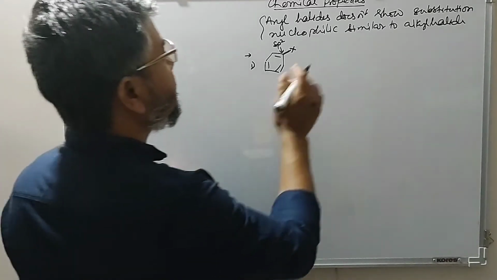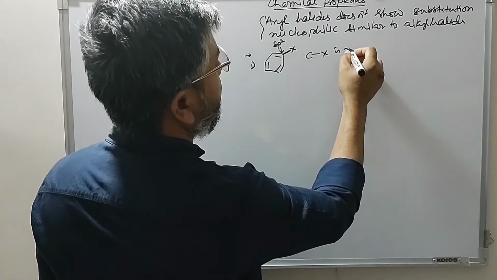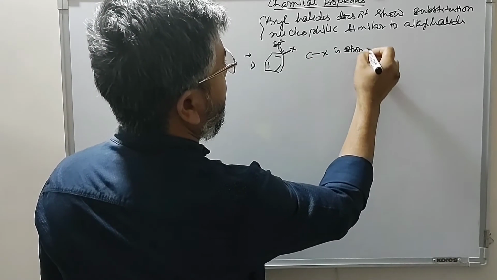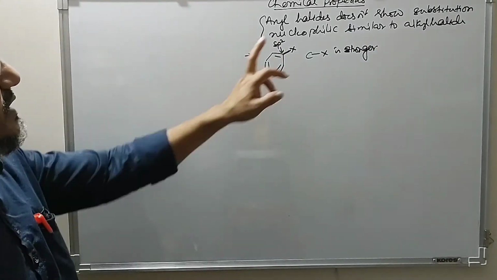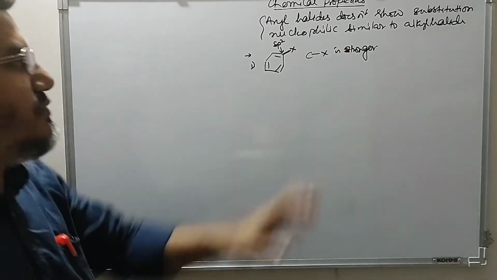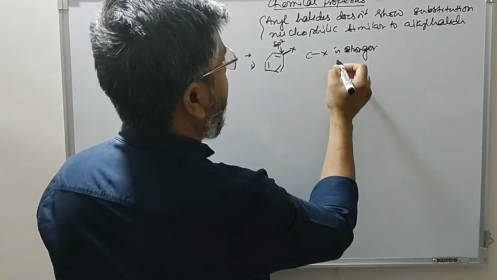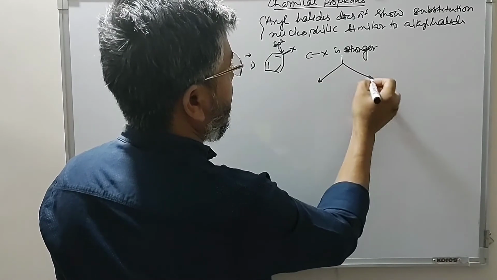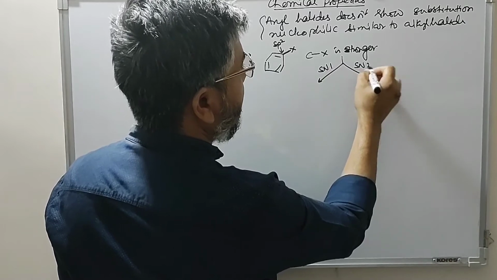So the first one is the C-X bond is stronger. Due to the carbon being sp2 hybridized, the bond becomes shorter. And this does not undergo SN1 or SN2.